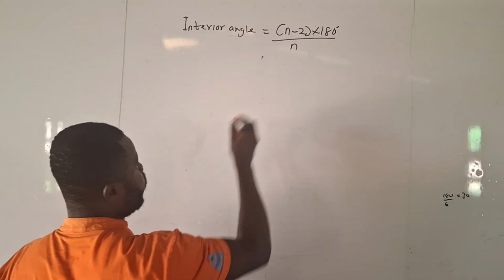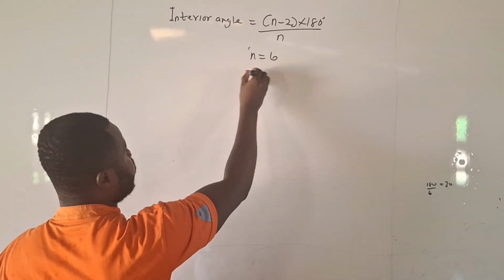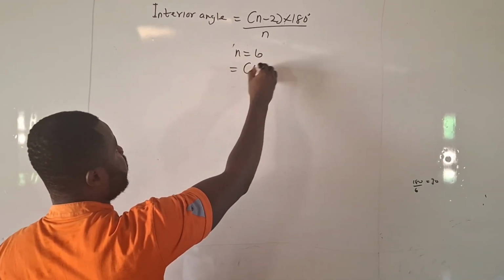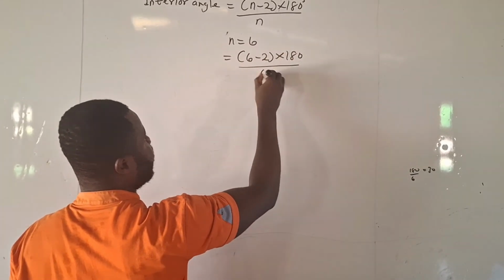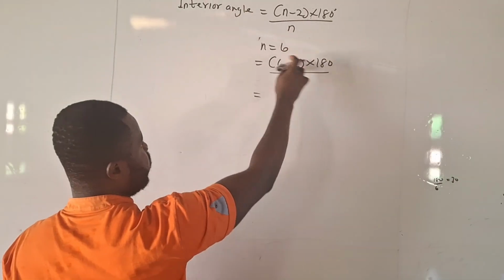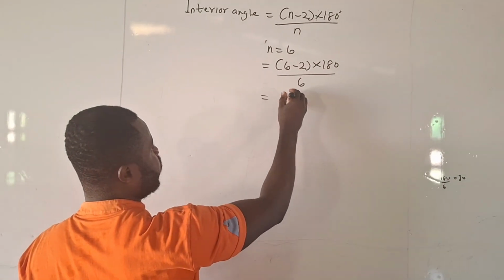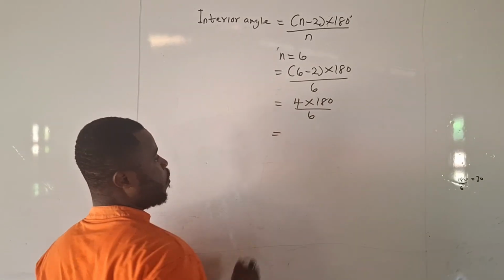Here, n is equal to 6. So this gives us 6 minus 2 times 180 all over 6, which is 4 times 180 all over 6.